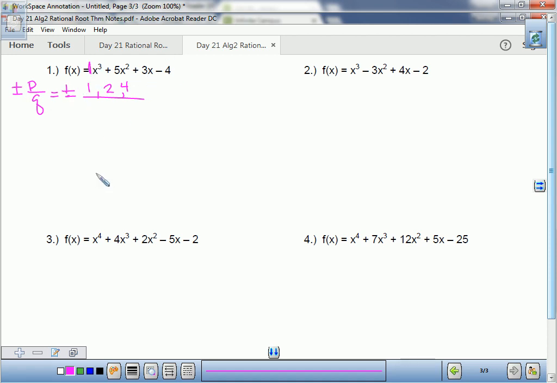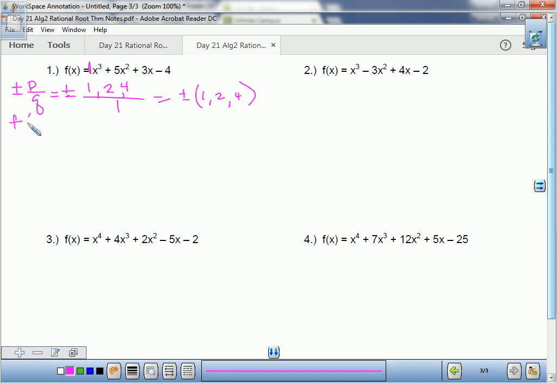Leading coefficient, once again, is 1. It's really nice of us. Every single one of these. We were not mean today. So, when you divide by 1, it doesn't change anything, does it? So, all we have to test are 1, 2, and 4. Plus or minus 1, 2, and 4.